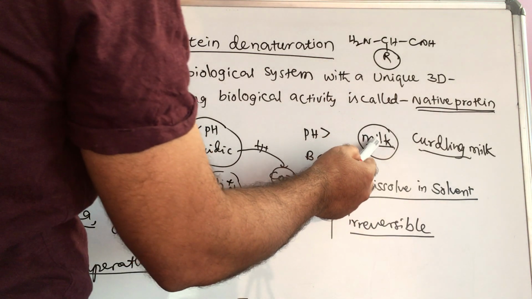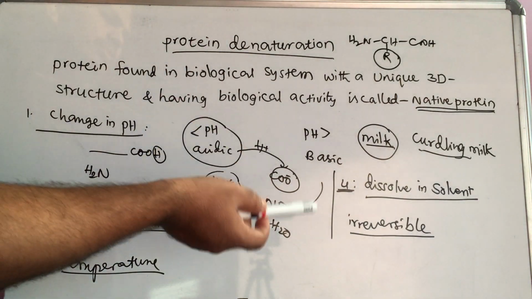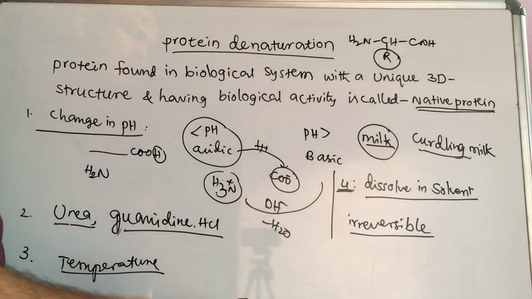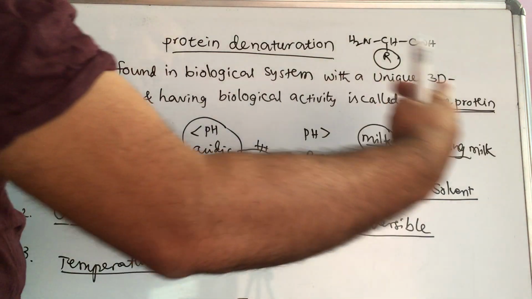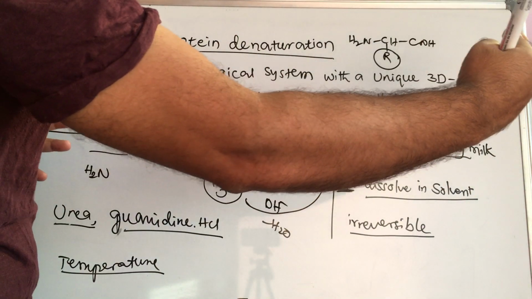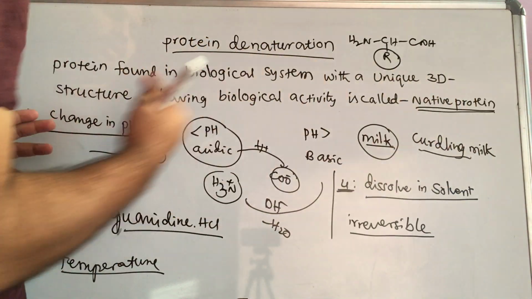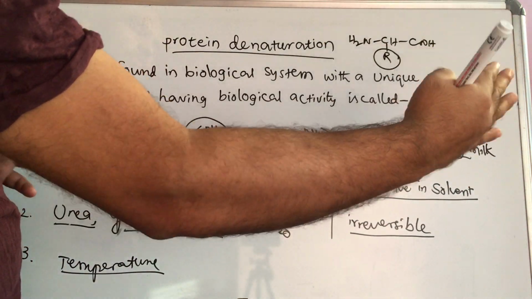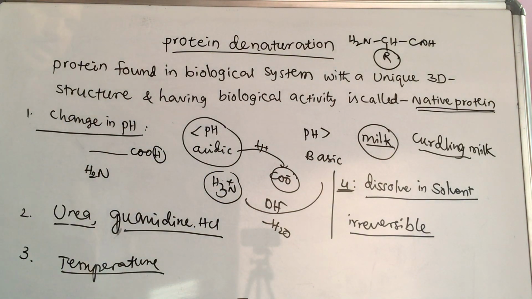Another example: milk is converted to curd, but curd cannot be turned into milk again. This is an irreversible process, in only one direction. Unboiled egg is converted to boiled egg, but boiled egg will not convert into unboiled egg.